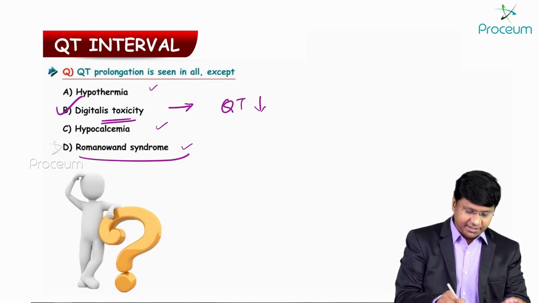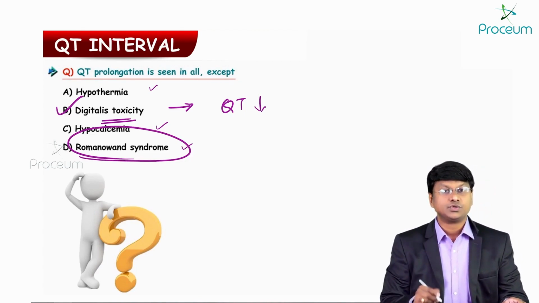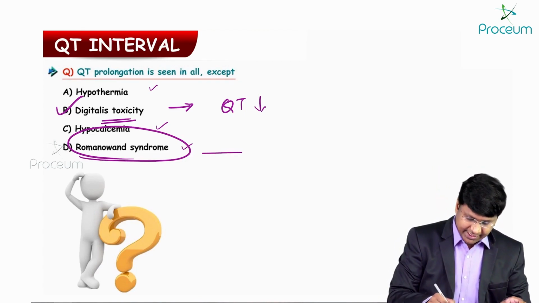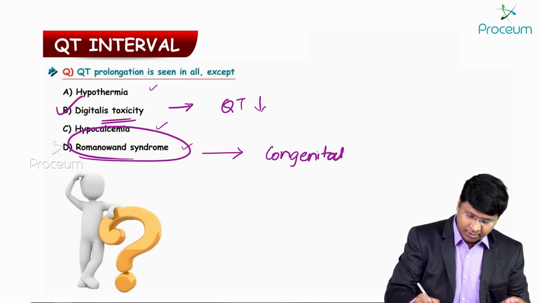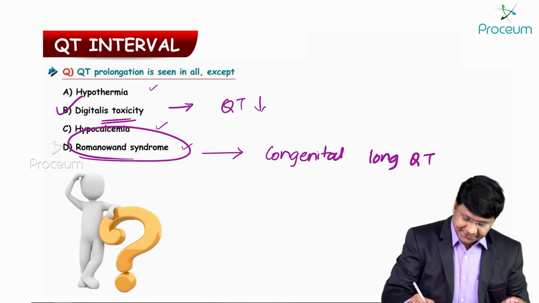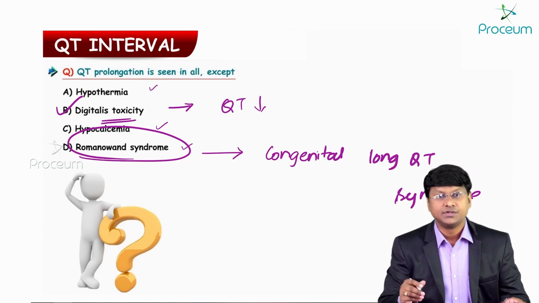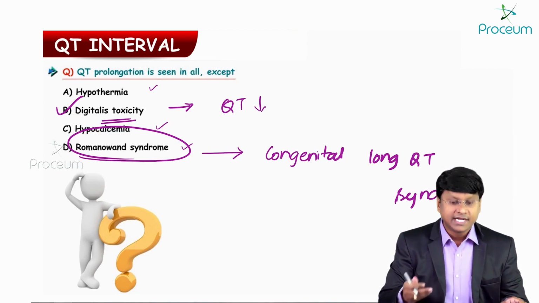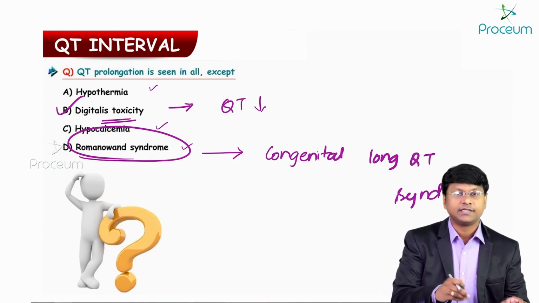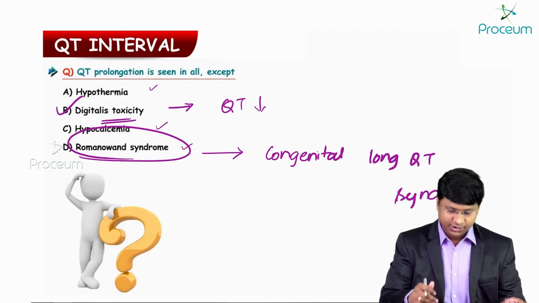Now, what is this particular Romano-Ward syndrome? Romano-Ward syndrome is a congenital cause for long QT syndrome. Now, the point here is, what are the congenital causes for long QT syndrome, right? You see this question.